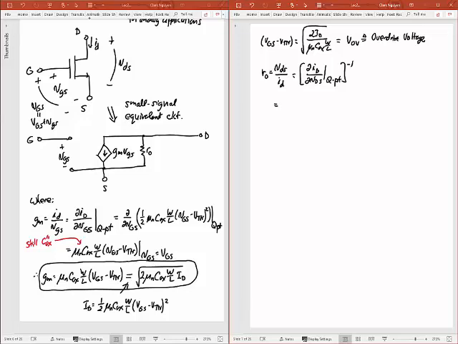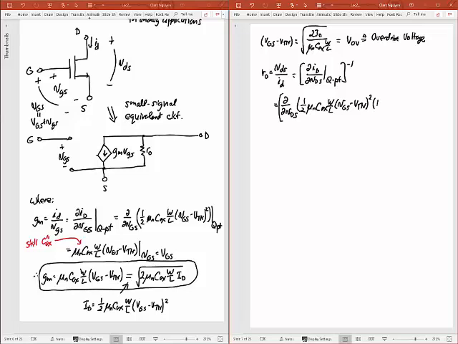And so in the end, this ends up being the derivative with respect to VDS of, and I guess just put that bracket for the -1 at the other side, of the equation that I know. It's still that saturation equation, 1/2 mu n Cox times W over L times the large signal VGS minus my threshold voltage squared.